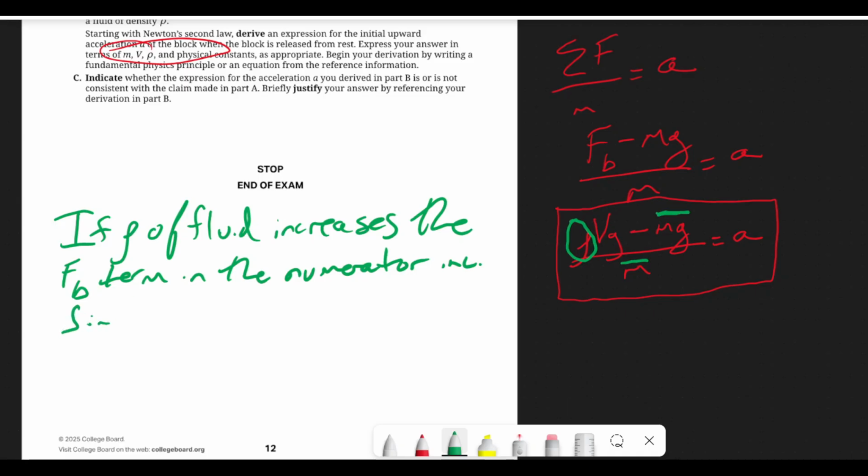Since mg is fixed, as ρVg increases, our acceleration will increase.